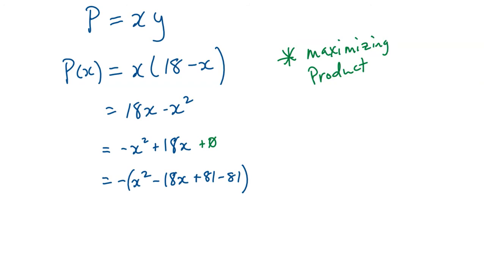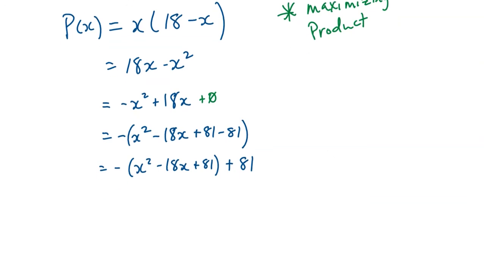It has to be inside the brackets because I've got a number out front. Pull the negative version out. Multiply by, in this case, just the negative. So it becomes plus 81. And then finish it up with my last step.